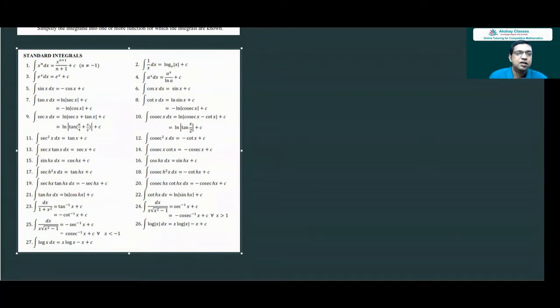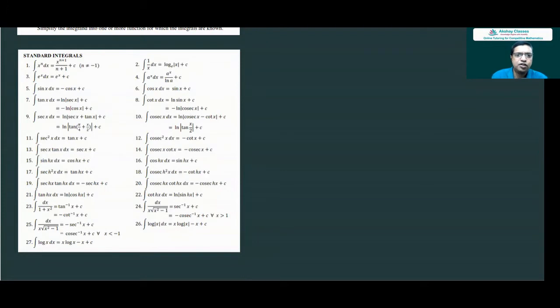So the integral of x power n dx is x to the power n plus 1 upon n plus 1 plus c. Of course, n cannot take the value minus 1. If n takes the value minus 1, this is the integral of 1 by x. The integral of 1 by x is log modulus of x.